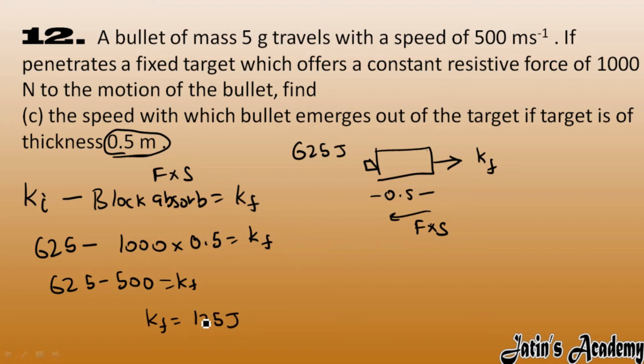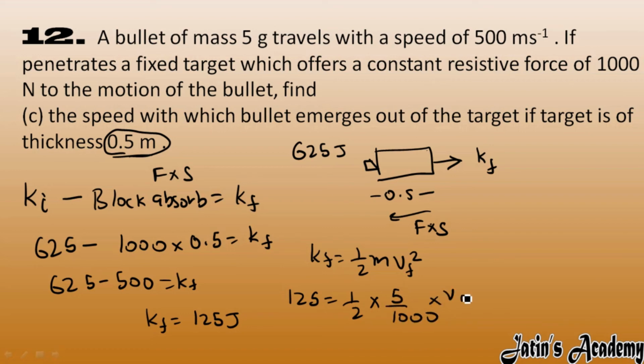Clear? Now we have to calculate the final velocity. The final kinetic energy formula is half m final velocity squared. Here the final kinetic energy is 125, equals 1 by 2, mass 5 gram, which is 5 by 1000 kilogram, into velocity squared. Now just cross multiply: velocity squared we got as 125 multiplied by 2, that is 250, divided by 5 and multiplied by 1000.